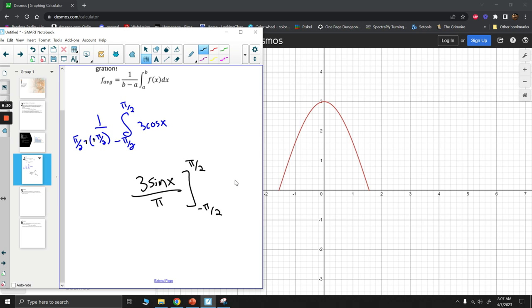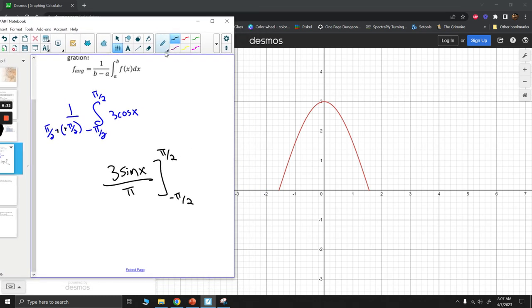I guess I should say it's the area divided by the width. That would be more descriptive, so it's actually the height that it's describing. So if we plug in pi halves, quick refresher, unit circle, right? Pi halves is here, negative pi halves is here, sine is the height of our unit circle.